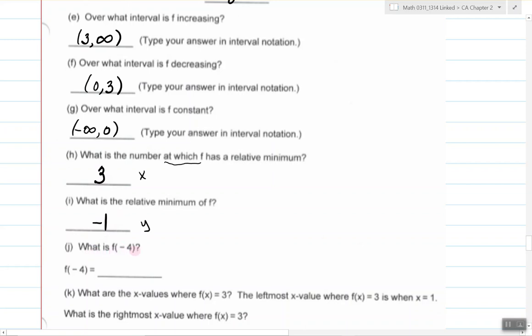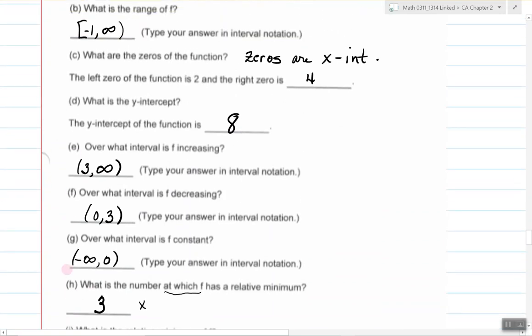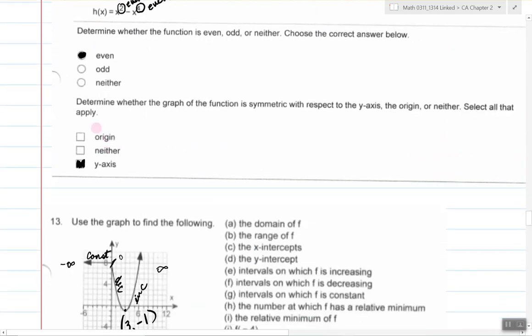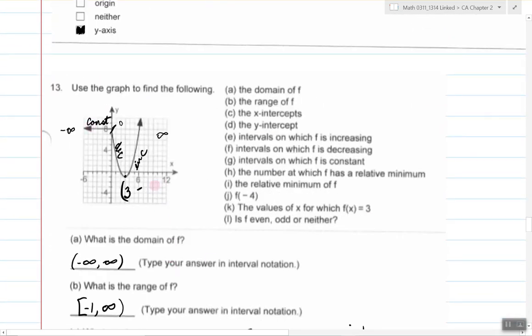What is f of negative 4? They're saying x is negative 4. What is the y? So back up here. So when x is negative 4, negative 1, negative 2, negative 3, negative 4, it hits the graph up here.